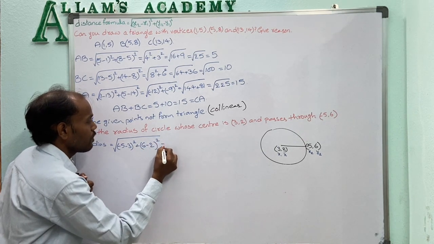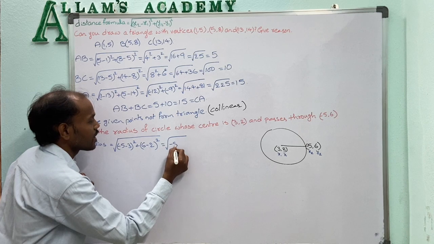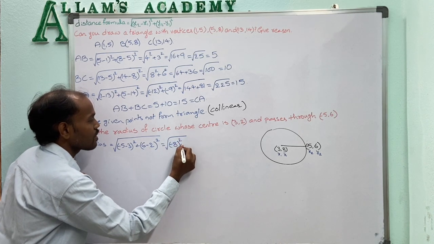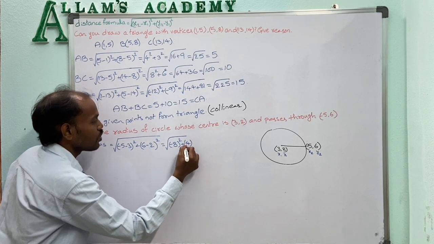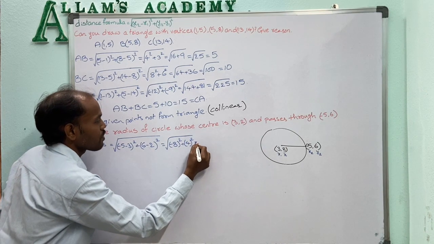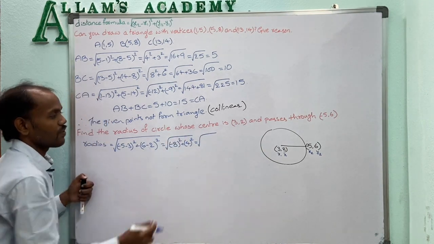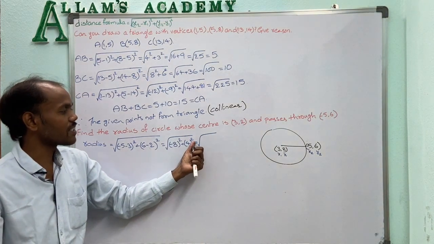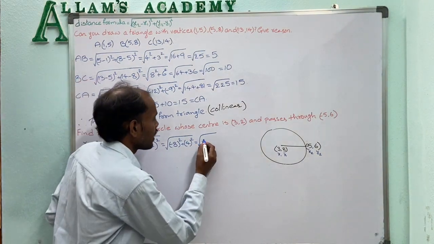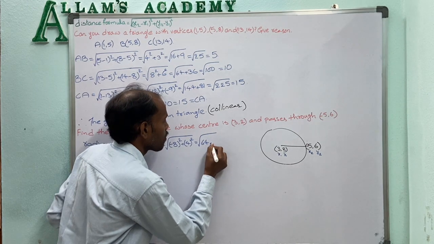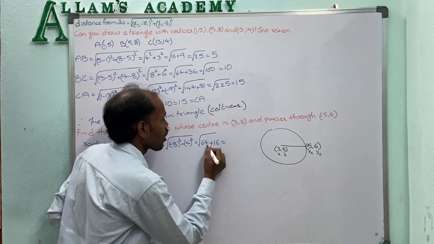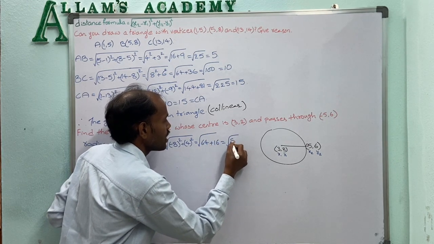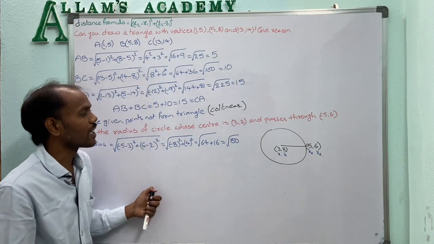So minus 5 minus 3 is minus 8, 6 minus 2 is 4, that is under root minus 8 square plus 4 square. So minus 8 square is equal to 64 and 4 square equal to 16. That means under root 64 plus 16.